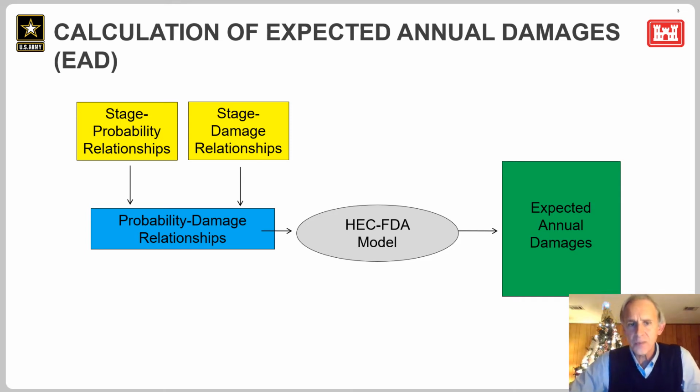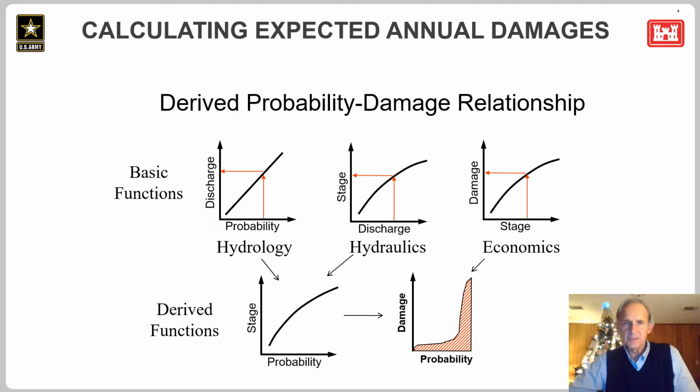So we have a probability damage relationship, shown in blue, that is calculated in the HEC-FDA model. The model has a formula that we could do in a spreadsheet, but it does it for you and calculates the expected annual damages. To show that graphically: usually you have discharge, and the discharge associated with a probability leads to a stage, which lets you relate the stage and the probability.